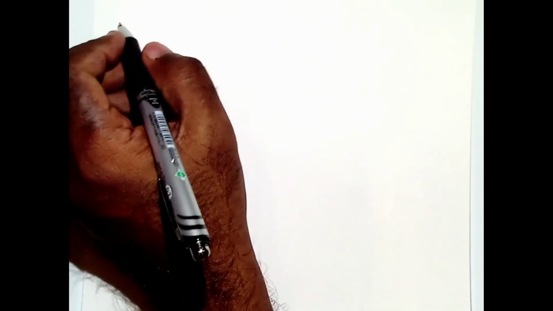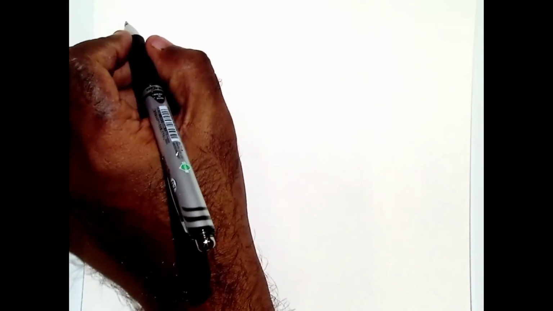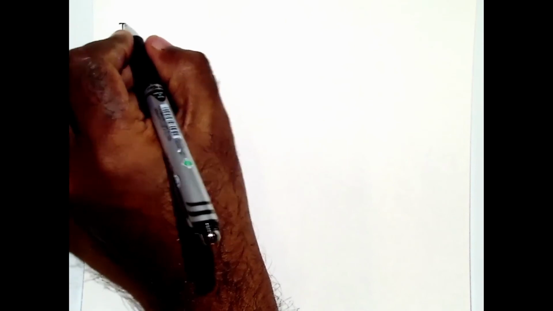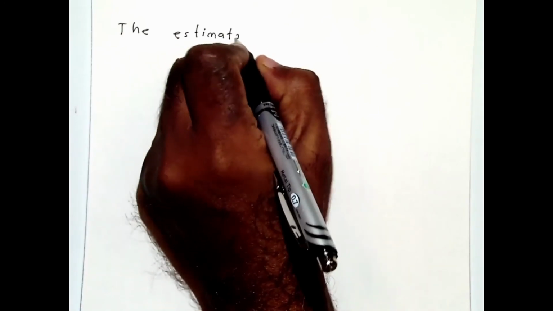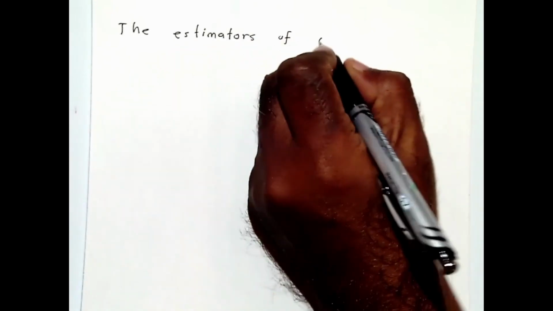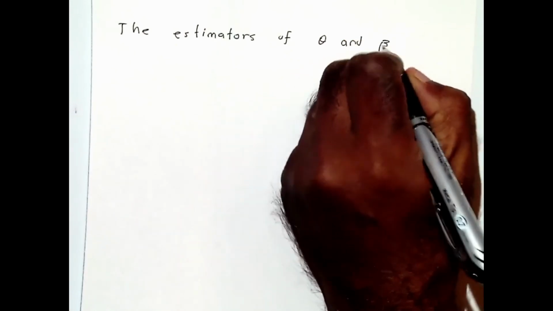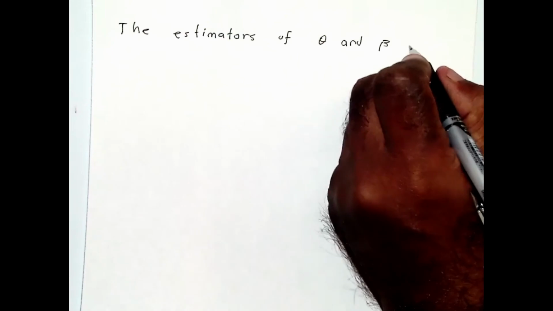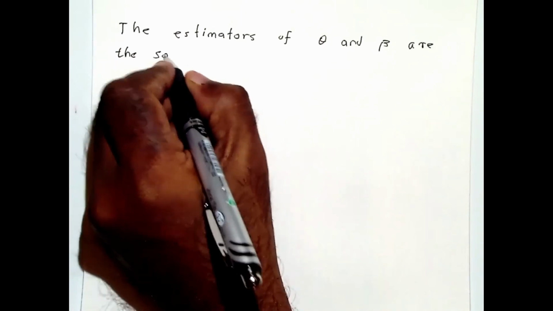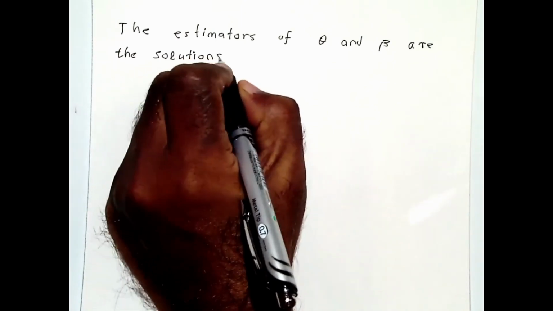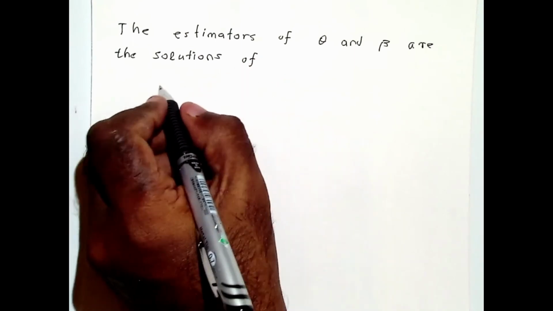Now let's see how we can estimate it. If you go back to the video on parametric estimation of VAR, you will see that the estimators of theta and beta, these are the two parameters that involve the Weibull distribution, are the solutions of the following equations.